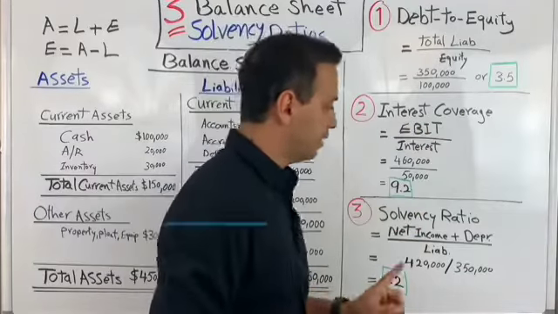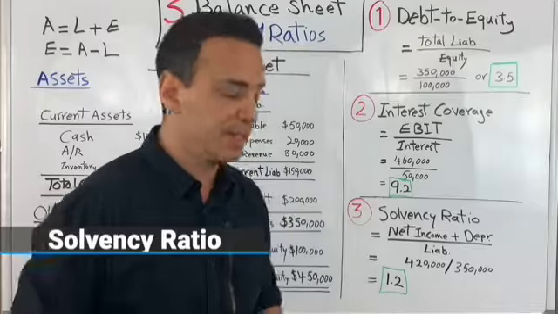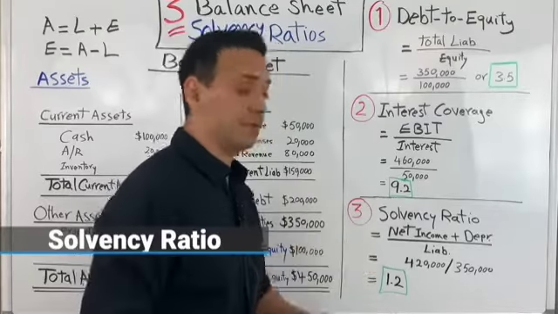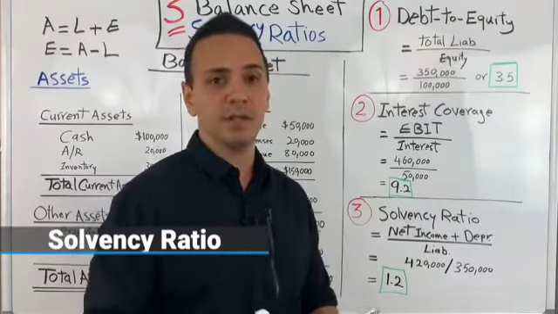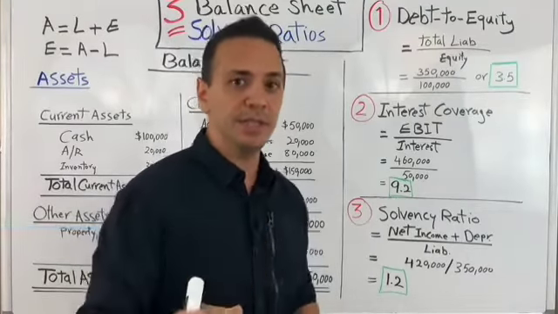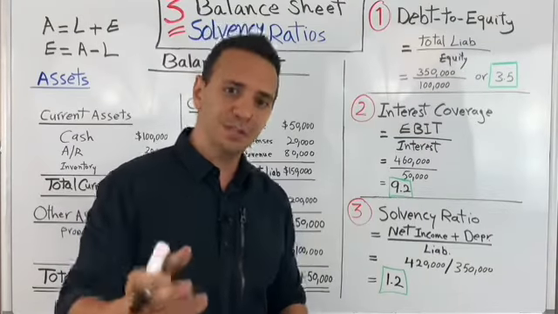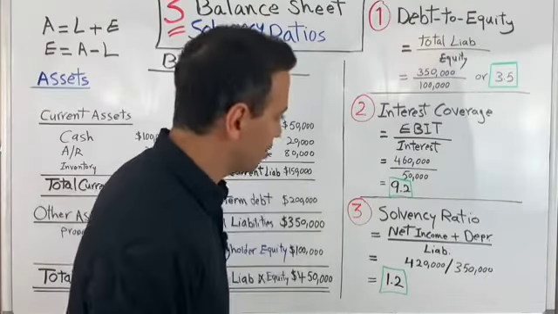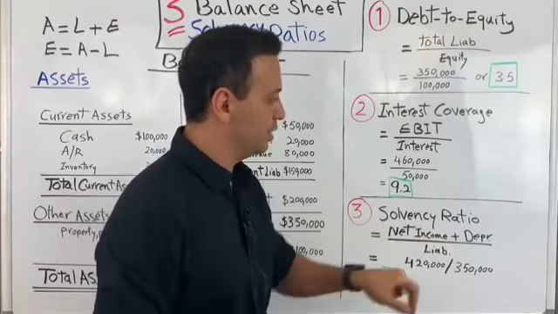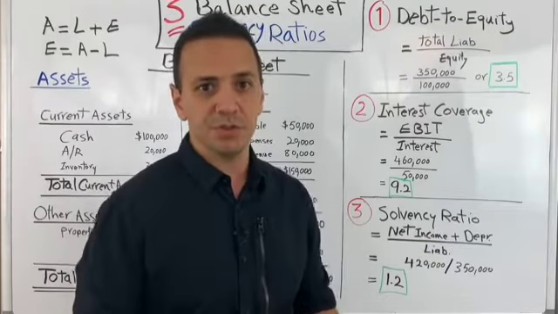The third and final ratio that we're covering today for solvency is referred to as the solvency ratio, and that measures the company's ability to meet its long-term obligations using its free cash flow. You'll see that in the formula, because the formula goes net income plus depreciation, which refers to cash flow.